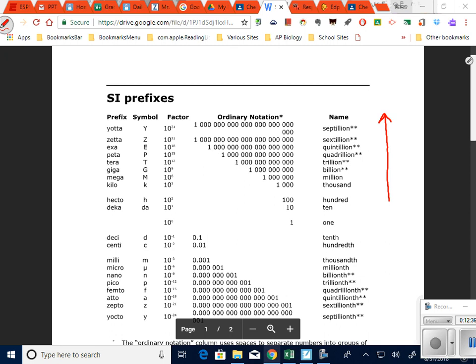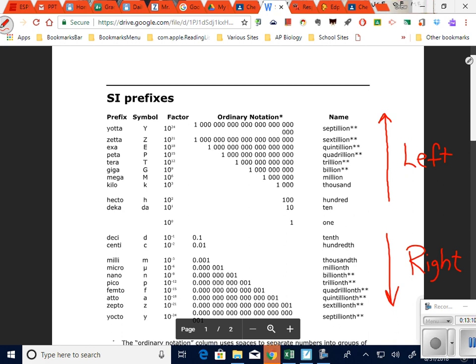If I am going up my chart, I am jumping my decimal to the left. If I am going down my chart, I'm jumping my decimal to the right. So up the chart, left; down the chart, right.